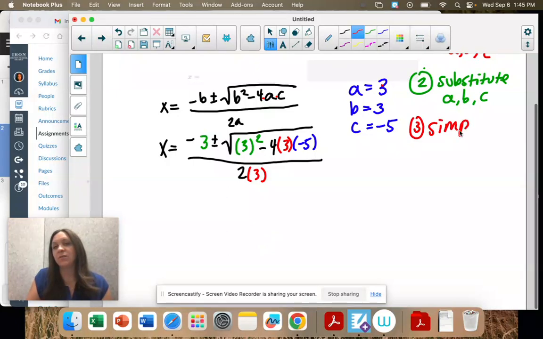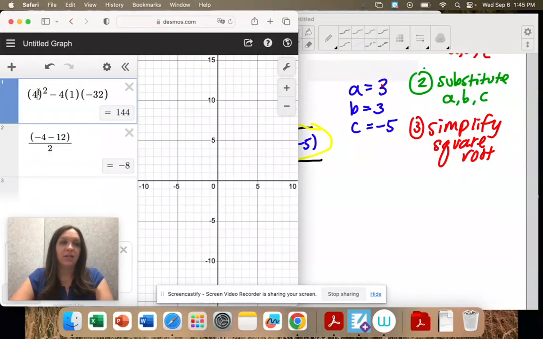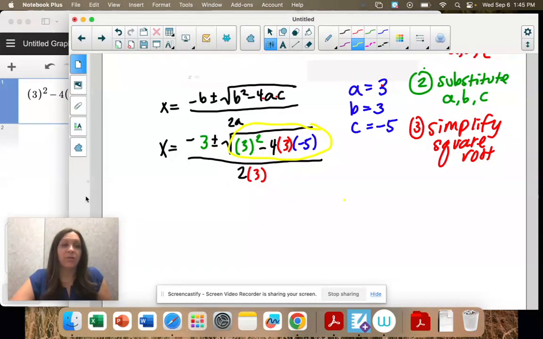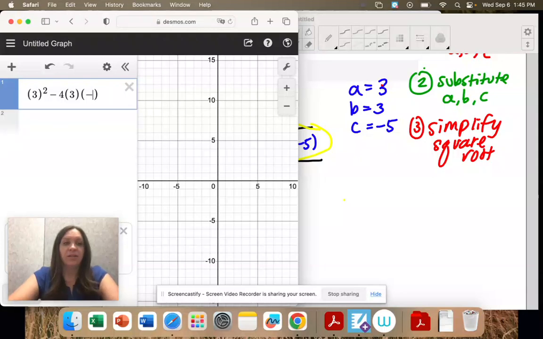So now we're going to simplify and start with your square root. So I'm going to put just the square root, what's underneath it, in the calculator. And again, I have the last one up. So 3 squared minus 4, 3, negative 5.